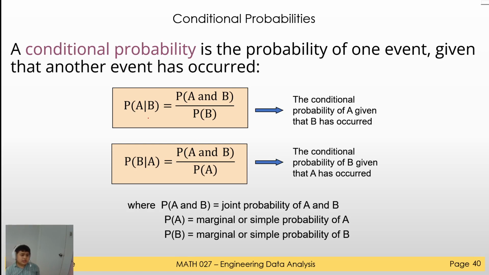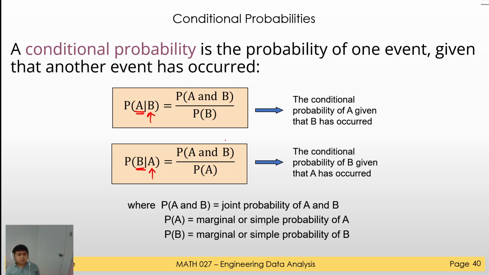The probability of event A, given that B has occurred, is equal to the probability of A and B occurring over the probability of B. Vice versa, the probability of B occurring given that A has happened is equal to the probability of both A and B happening over the probability of A occurring.